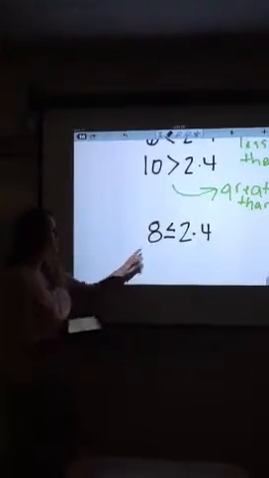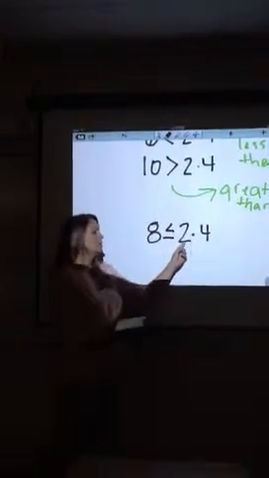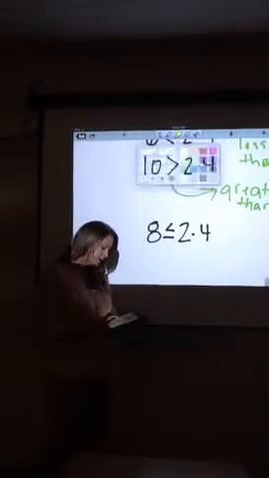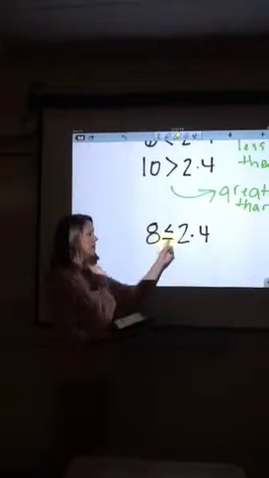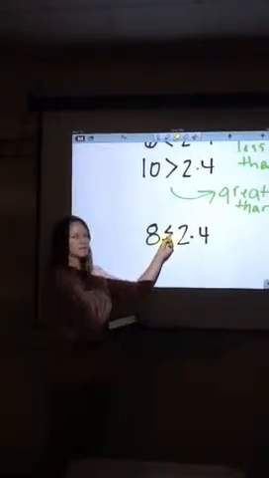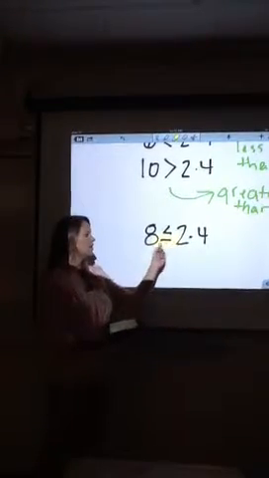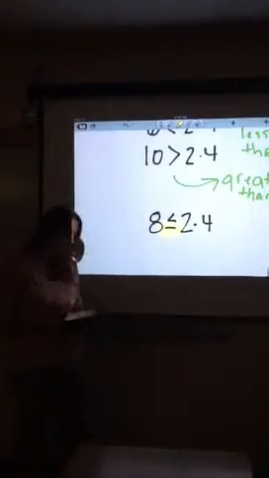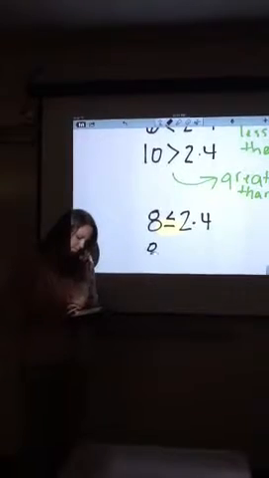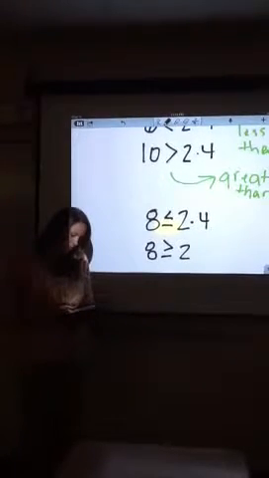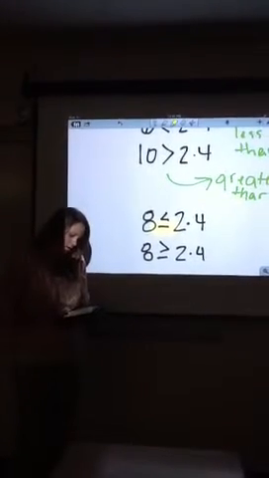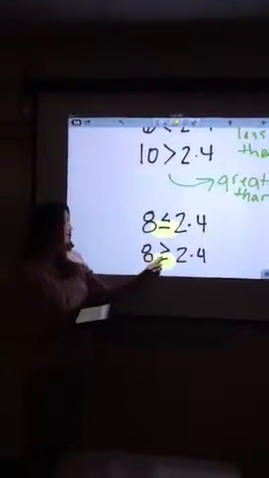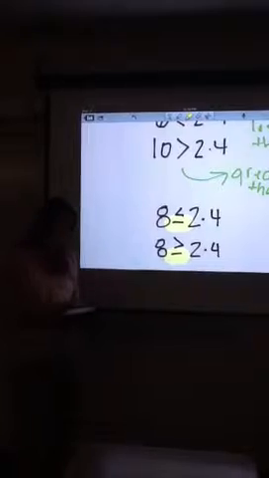If we say 8 is less than or equal to 2 times 4, this symbol here, the line underneath the less than sign, means that when you read it, you say or equal to. So this is less than or equal to 2 times 4. And you could also say that 8 is greater than or equal to 2 times 4 because 8 is equal to 2 times 4.